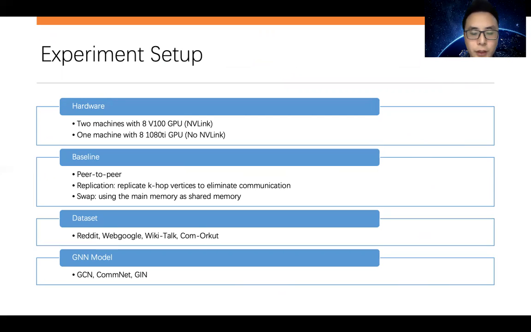The replication baseline replicates k-hop vertices for each GPU to eliminate the communication. The swap baseline uses host memory as the shared memory for communication. We use datasets of large graphs, including Reddit, WebGoogle, WikiTalk, and COM-Orkut. The GNN models include GCN, CommNet, and GIN.